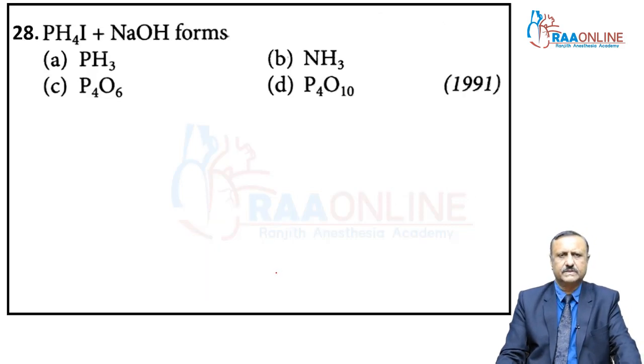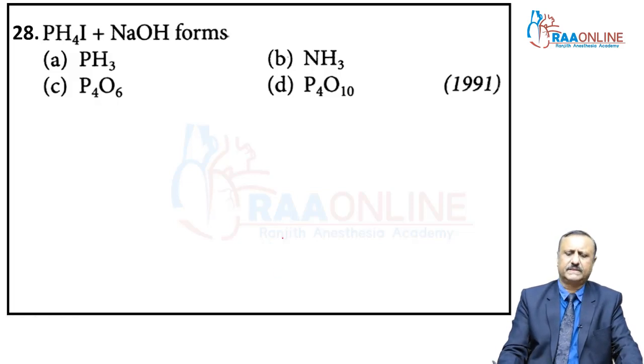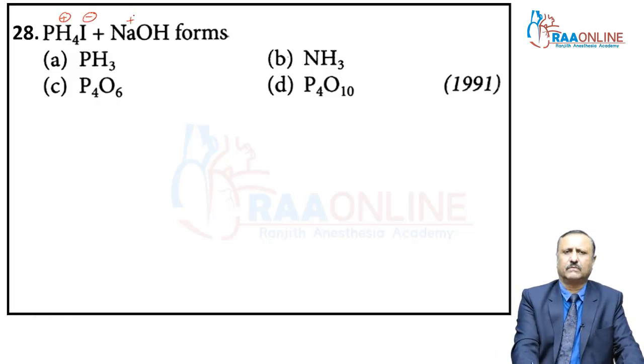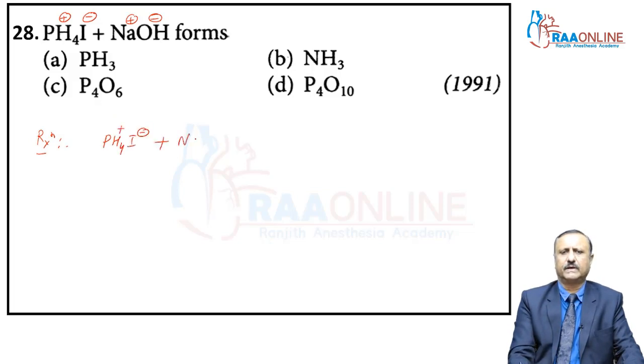Now, here my dear students, we can see question number 28. When phosphonium iodide plus NaOH react with each other, you can see the reaction. Here this is the phosphonium PH4+ and I-, iodide ions, which react with this NaOH alkali. Here plus and minus ions are present.